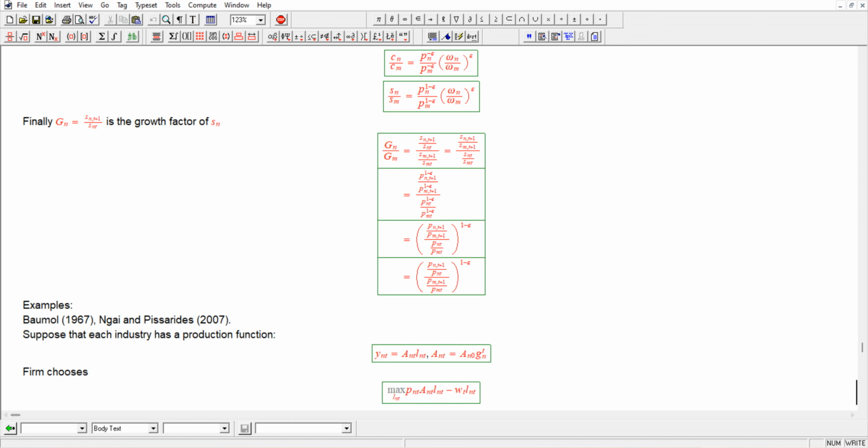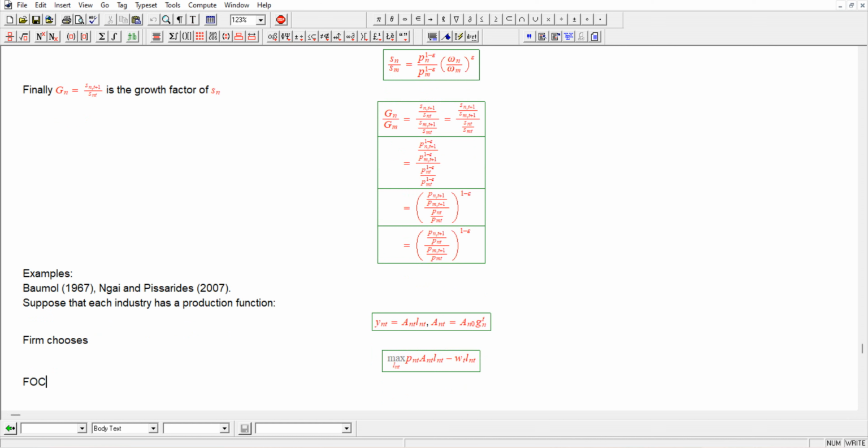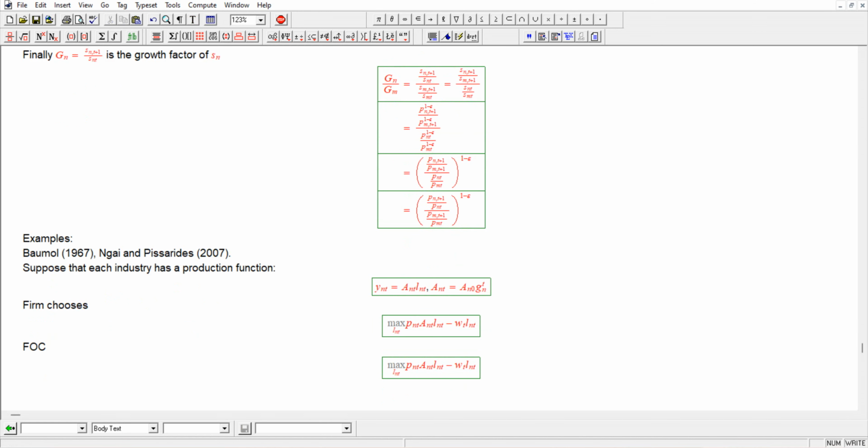Pretty obviously, in equilibrium, you're going to have to satisfy the condition, because this is linear, that the marginal product of labor equals the wage.